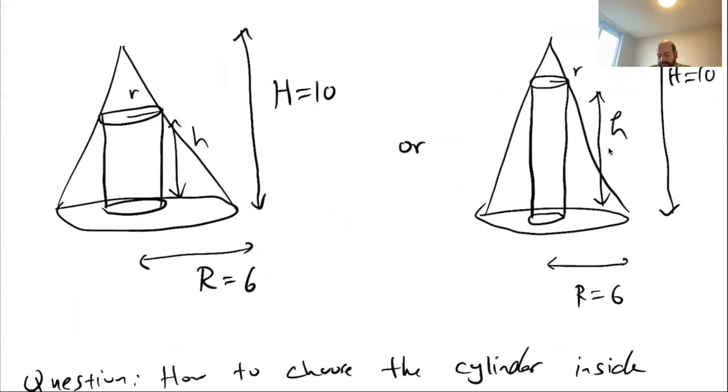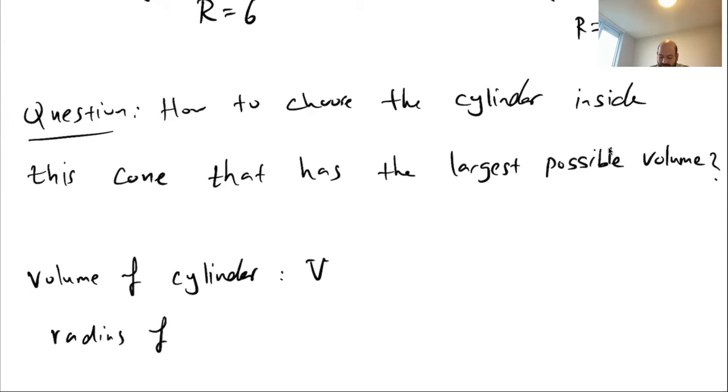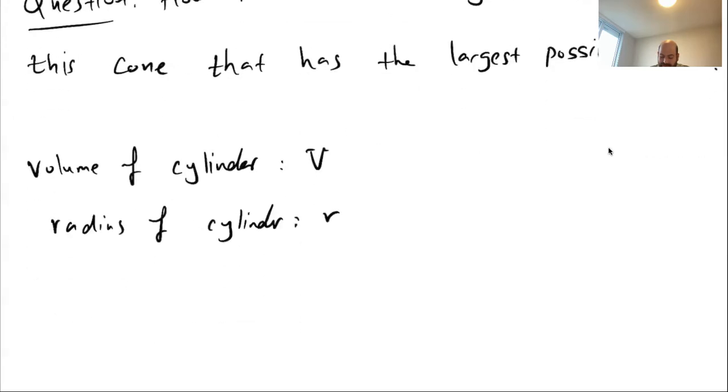Okay. So what is the volume of the cylinder? Let's denote it with V. And the radius of the cylinder, let's denote it with small r.